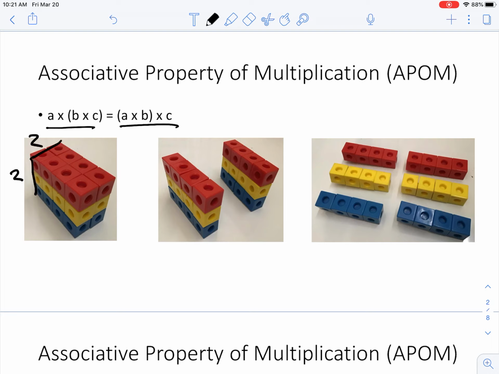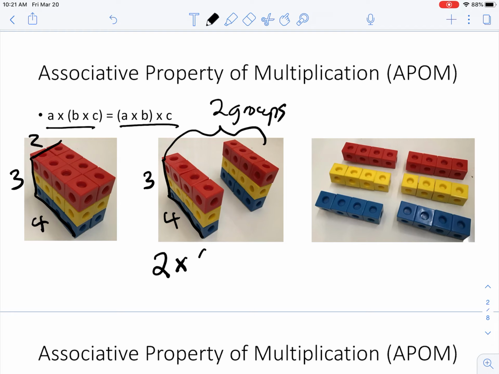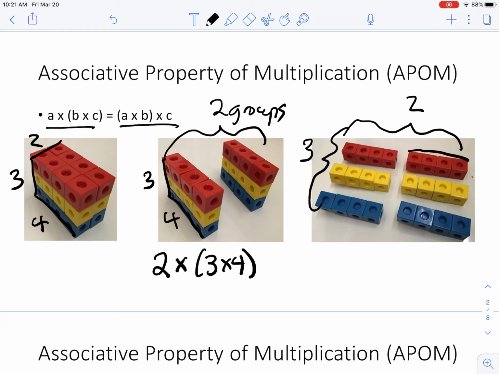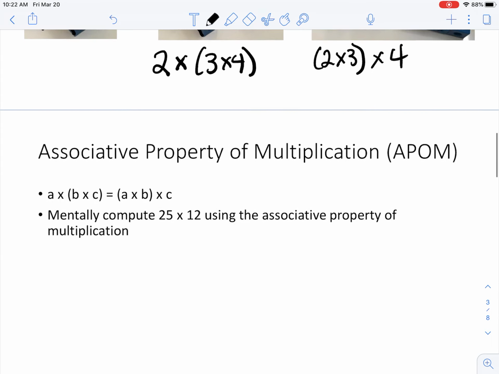Here I've created a box that's 2 units by 3 units by 4 units, and I can think of it as 2 groups of 3 by 4, or I can think about it as a 2 by 3 array of groups where each group contains 4.